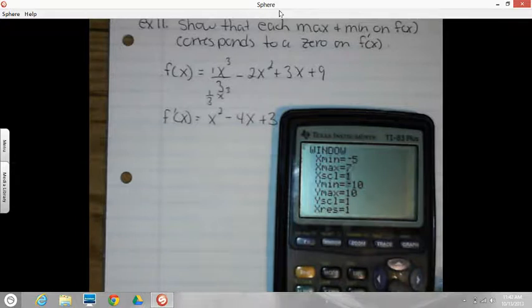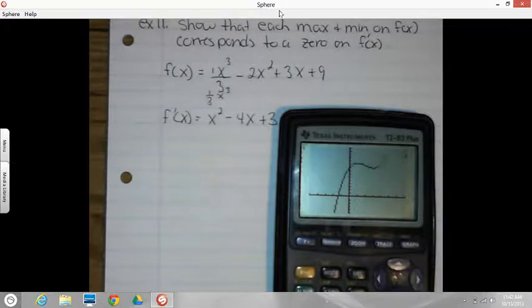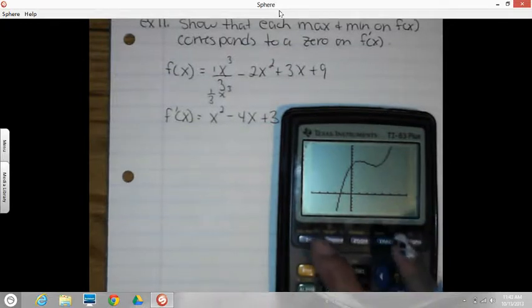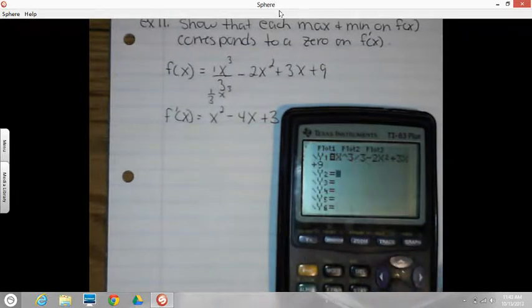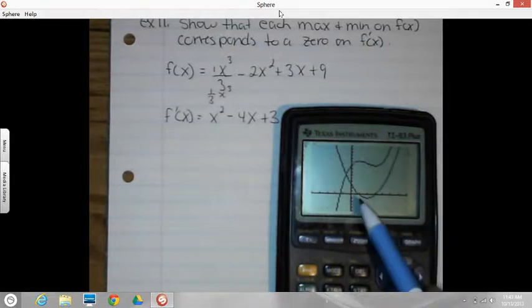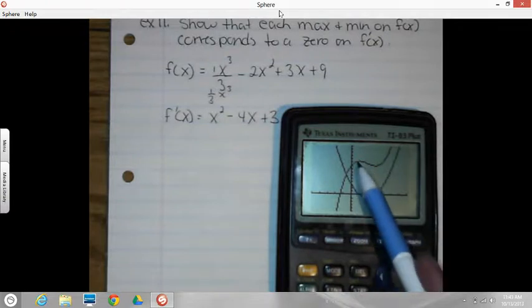Y's, maybe -5 to 15. Okay, so that allows me to see there's a max here and a min here. Then we're going to graph y equals the derivative equation, x squared minus 4x plus 3. Okay, these two zeros should correspond to that max and that min.